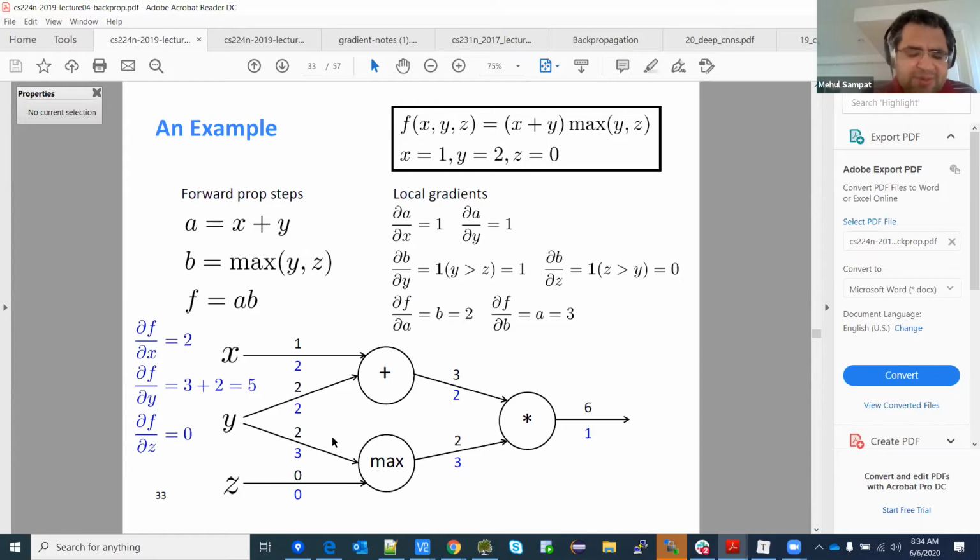Okay, why are we doing all this? What this tells us is how f changes when x is changed. Del f by del x is 2, and del f by del y is an interesting one, because there are 2 things coming in.